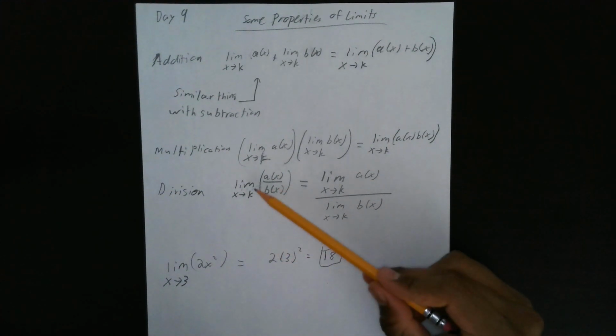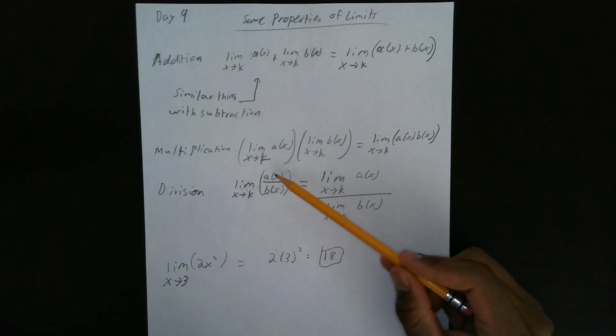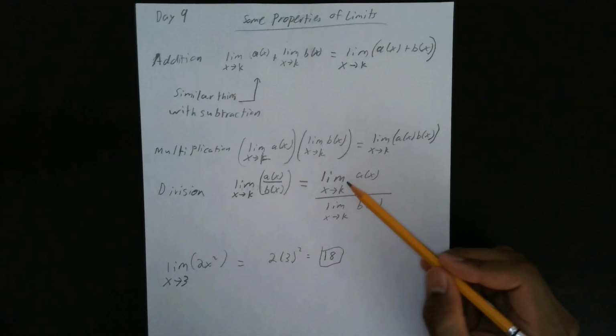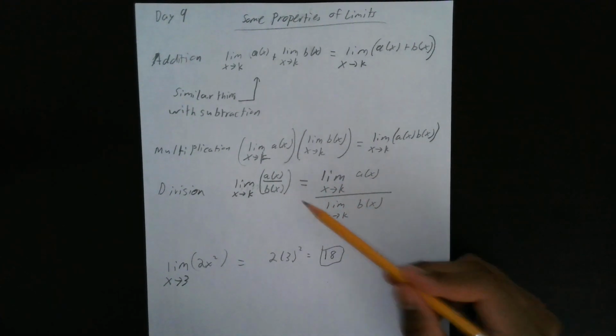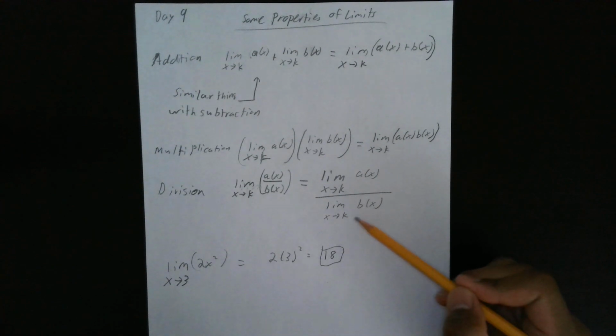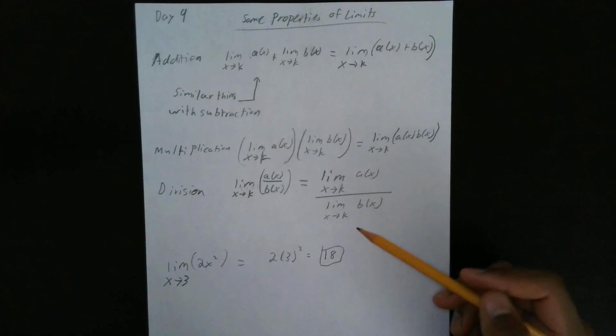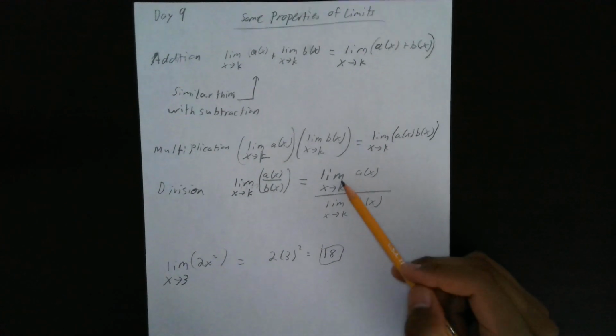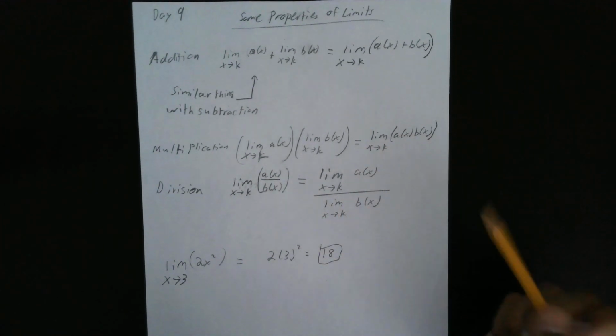So the limit as x approaches k of a of x divided by b of x is equal to the limit as x approaches k of a of x divided by the limit as x approaches k of b of x. So again, you can have these two separate expressions as one.